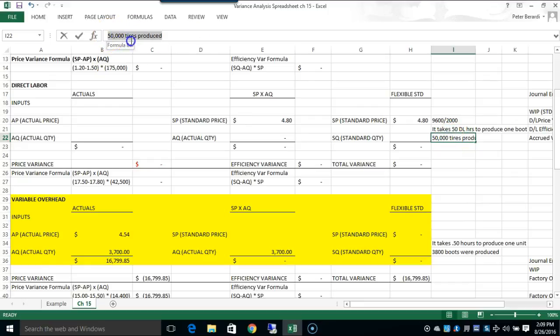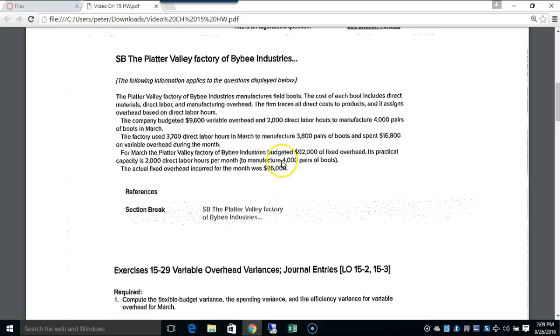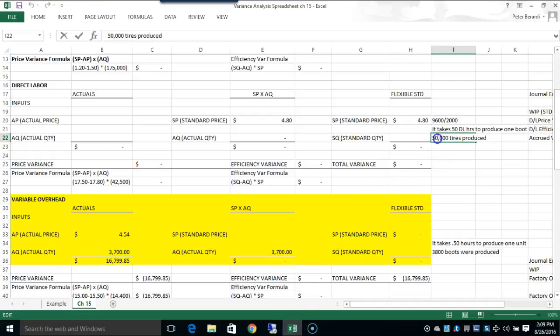How many boots were produced? It tells us that 3,800 boots were produced. So if we produce 3,800 boots and it takes 0.50 labor hours to produce one, we simply do the math.